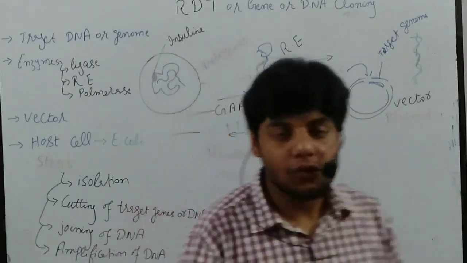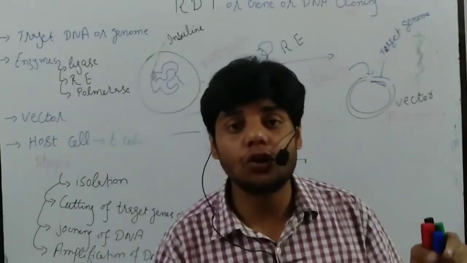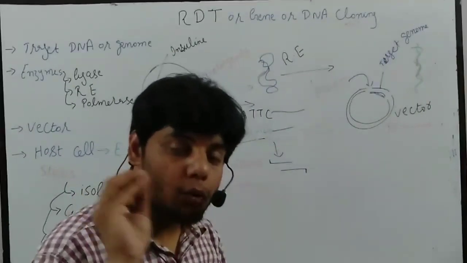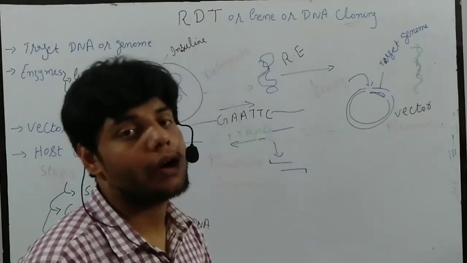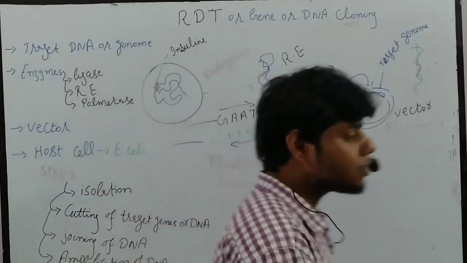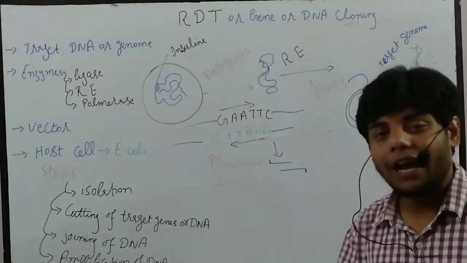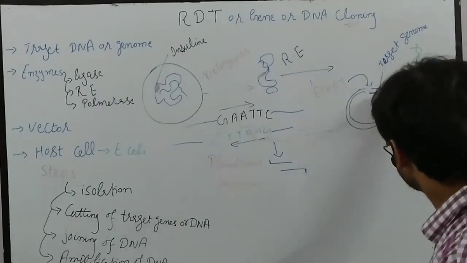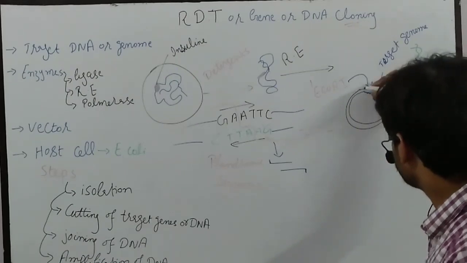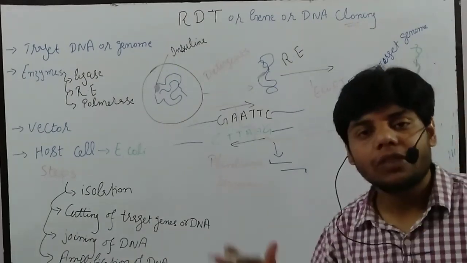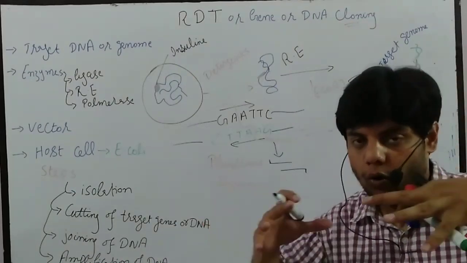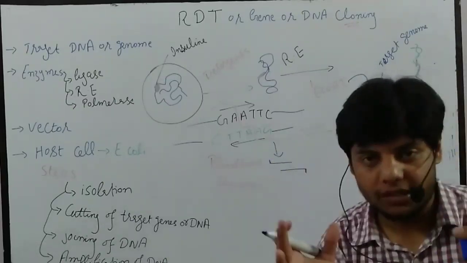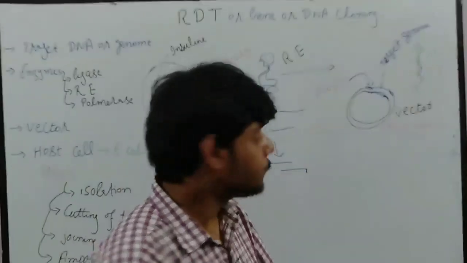For the ligation of the vector to the target genome, we provide another enzyme, called ligase enzyme. With the help of ligase, they seal the nick, or the space, between them. Due to this, the vector is now completed with our target genome.